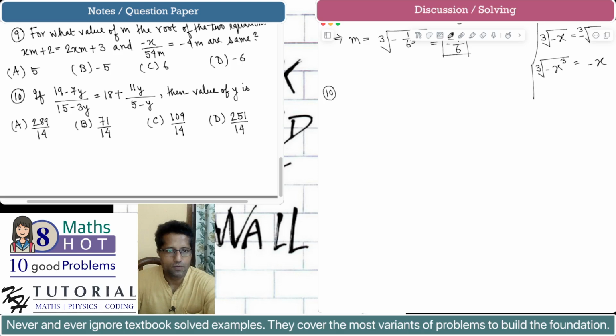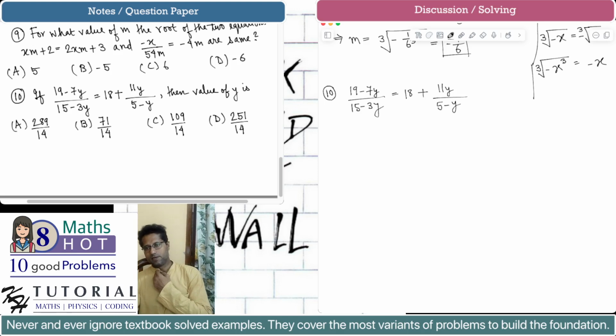We have an equation where the variable is y, and it is asking the value of y. So basically we have to solve the equation. The equation is 19 minus 7y divided by 15 minus 3y is equal to 18 plus 11y divided by 5 minus y.